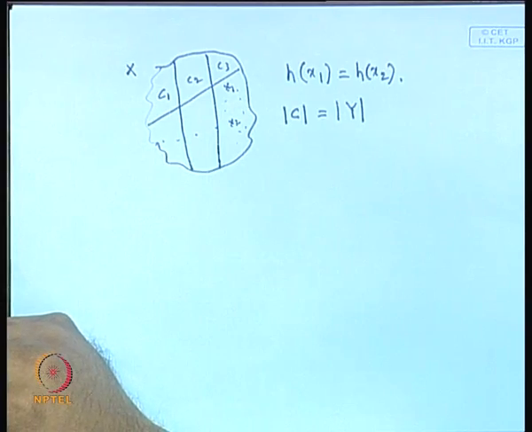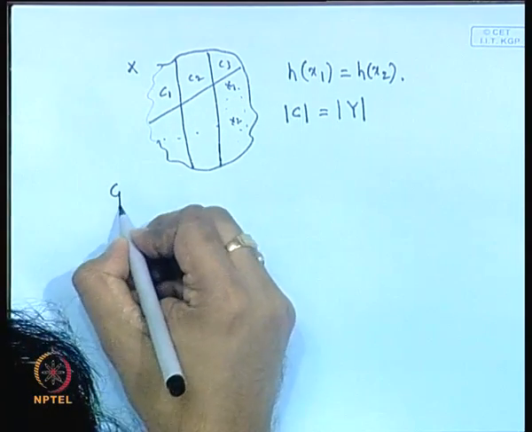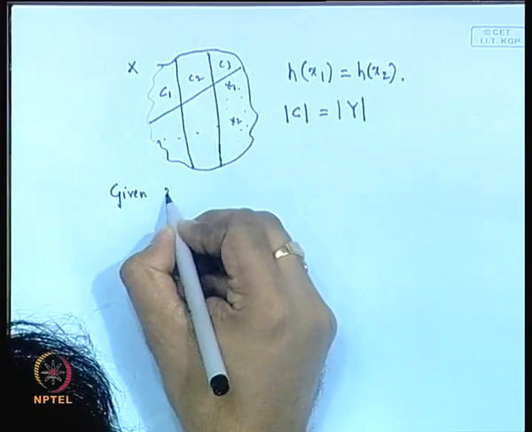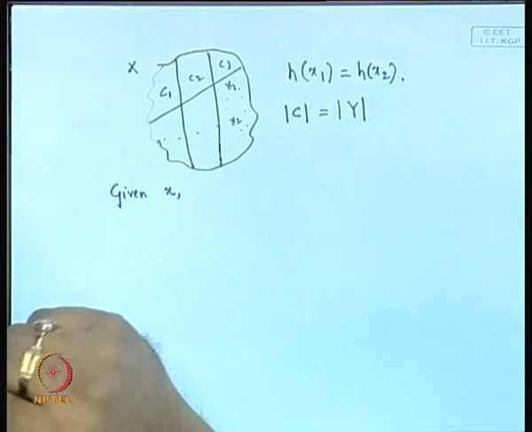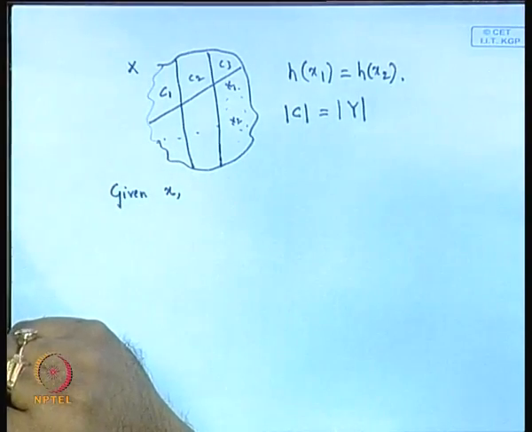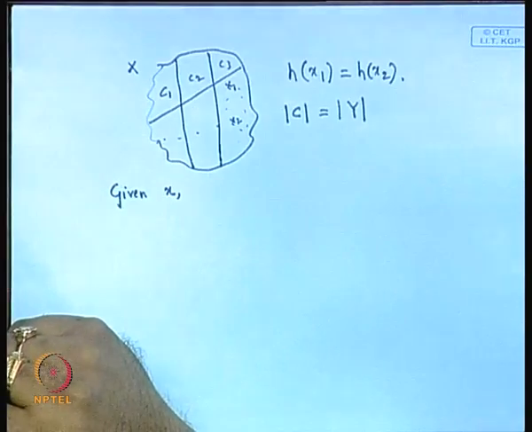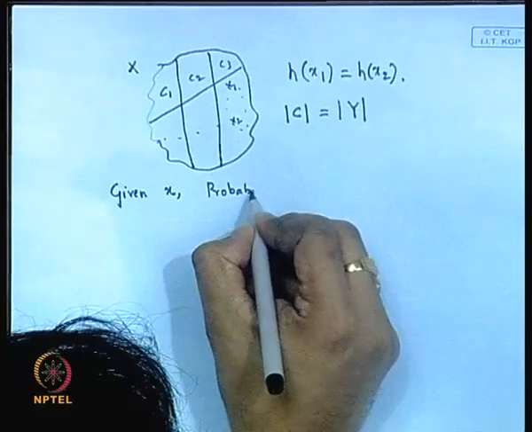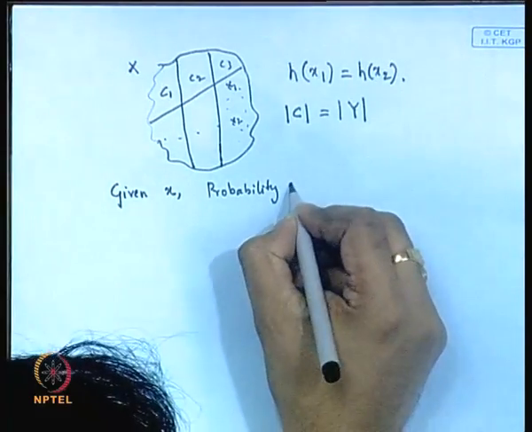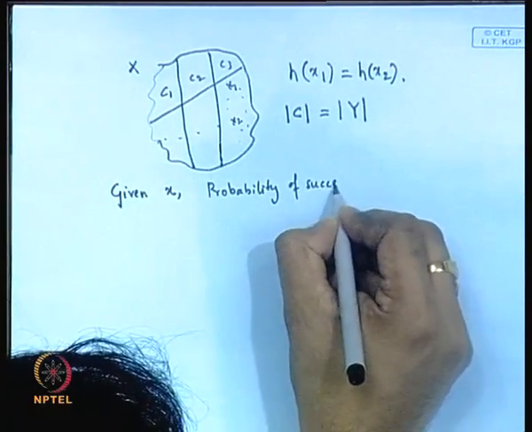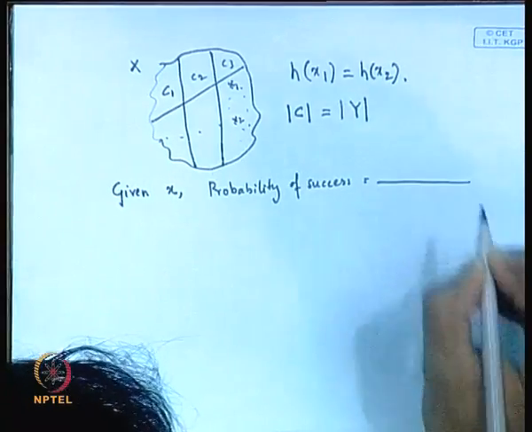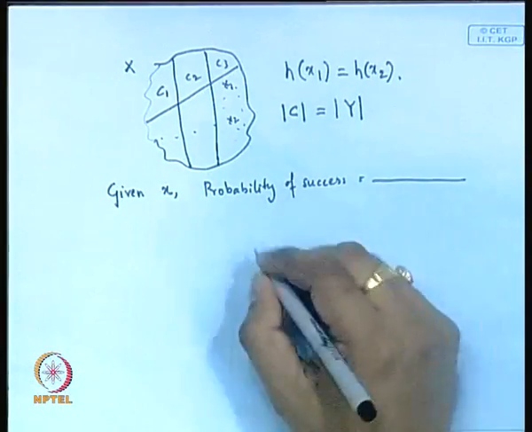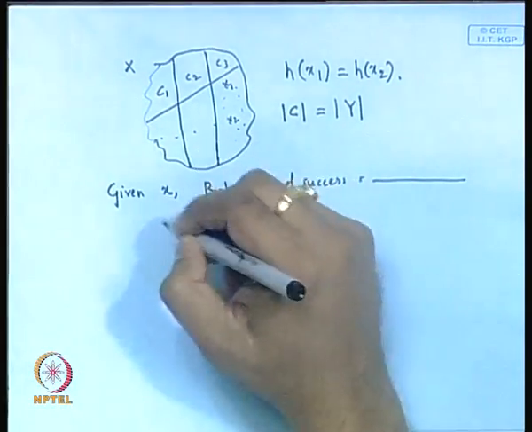Now suppose there is a given value of x. What is the probability of success with which you are solving the collision problem? Your probability of success will be equal to, given x, how many total values are there?